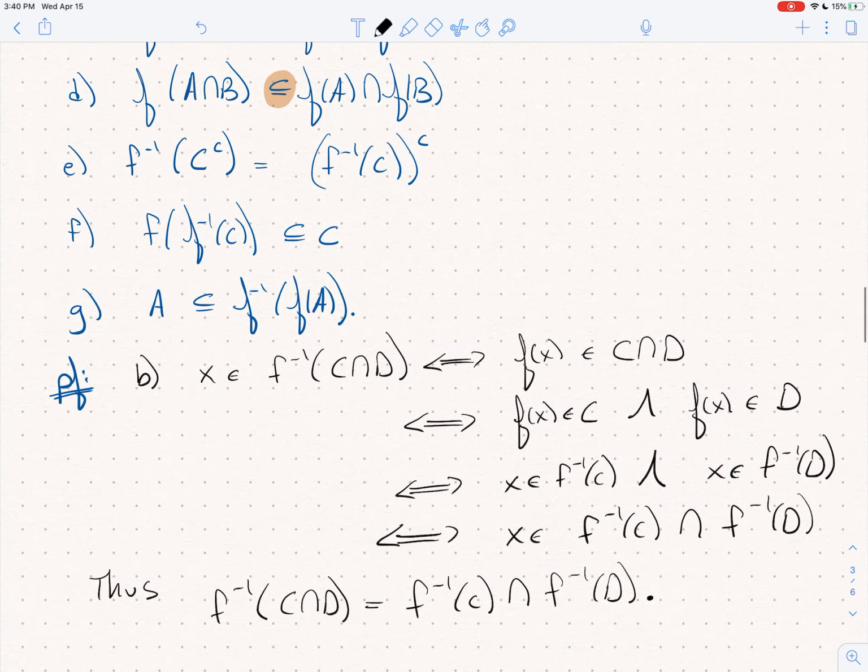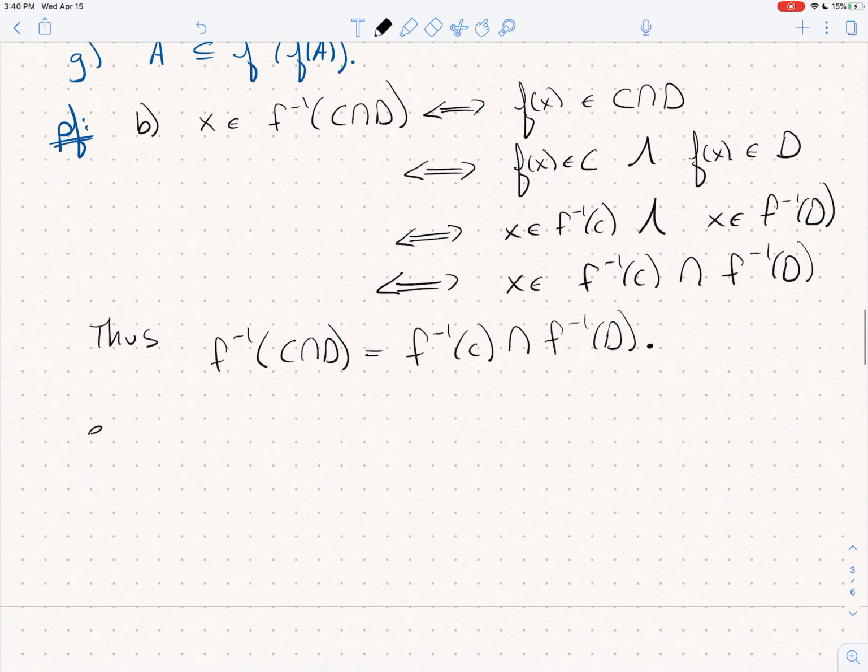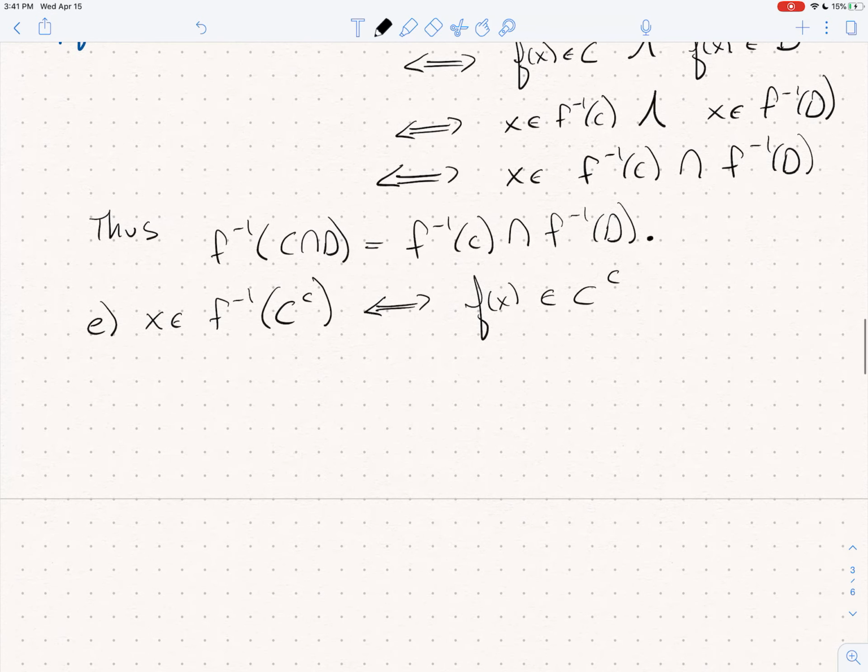Maybe we could prove part E as well. Let's do that real quick. For part E, you know that X is in the preimage of C complement if and only if F of X is in C complement. That's clear. Well, that happens if and only if F of X is not in C. That's easy enough to see.